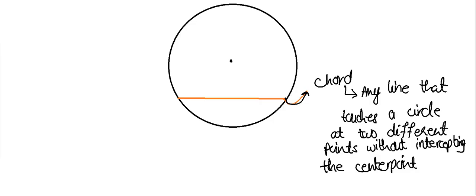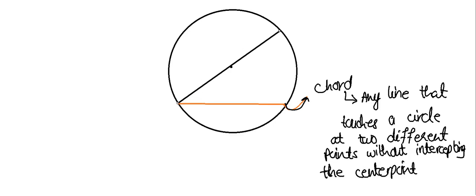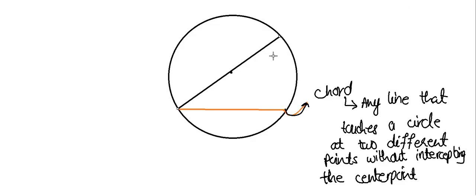So what do I mean by this? Imagine that there is a line that is touching two different parts of a circle with the condition that it also touches the center point. What would this line be called? What would I call this line? The line in blue.